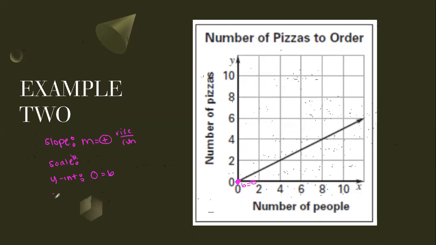And then I need to figure out my slope. So I need to figure out my rise over run. So go ahead and do that again, since I think that's the most challenging part. I need to figure out how much I'm rising to how much I'm running to get from one point to the next.